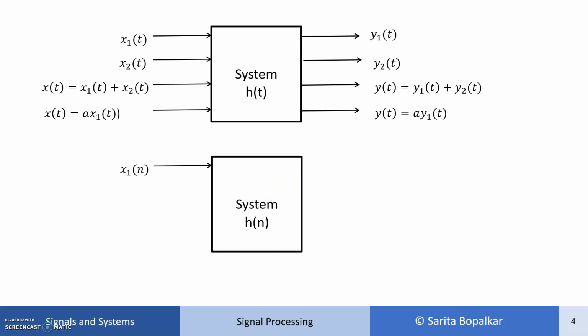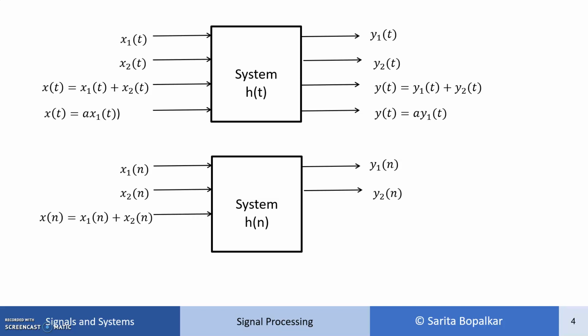Now the same logic applies for discrete time. x1(n) is the input, y1(n) is the output. Instead of t, we are considering n for discrete time. x2(n) is the input, y2(n) is the output. Now x1(n) plus x2(n) is the input, and the output is y1(n) plus y2(n) for the superposition principle.